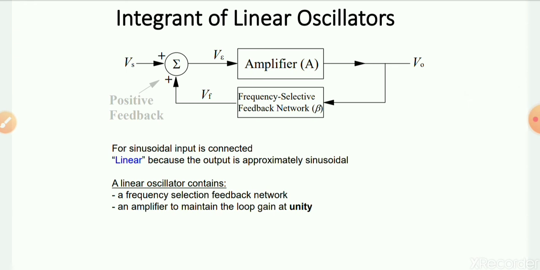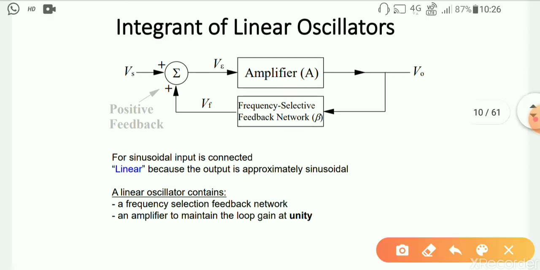So this is a block diagram where you can understand what type of performance is going on. Look at here, positive feedback is maintained to maintain the oscillation process. And for the linear one, the output is approximately sinusoidal.